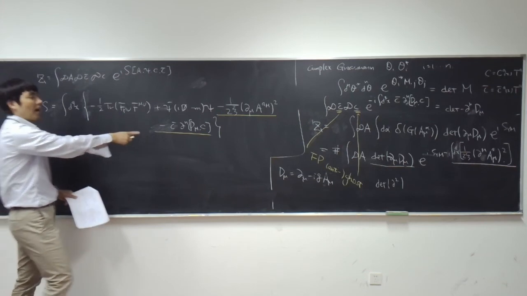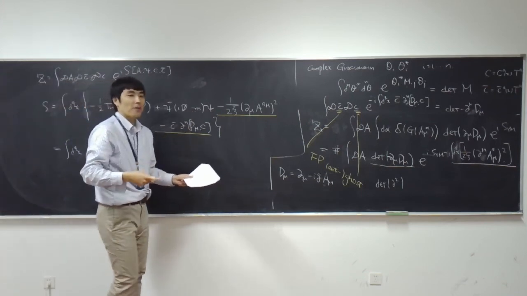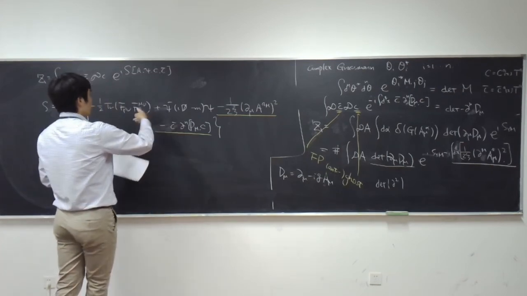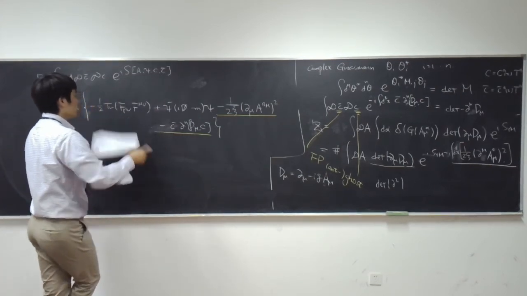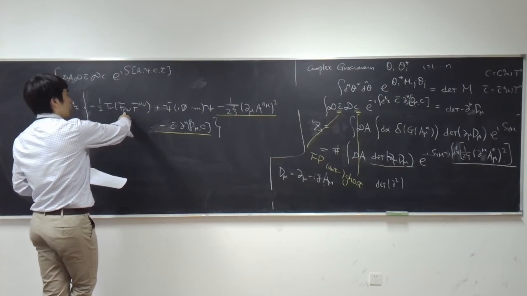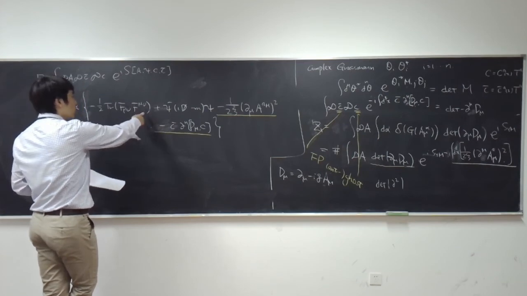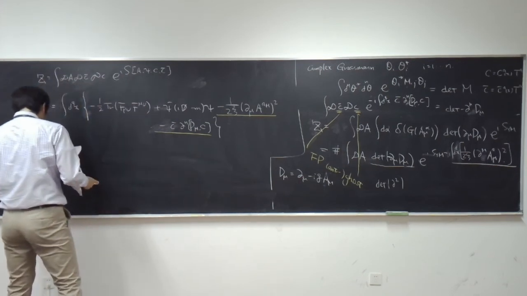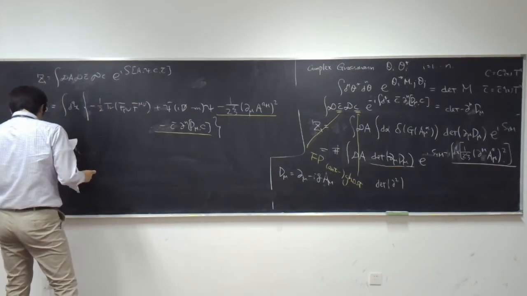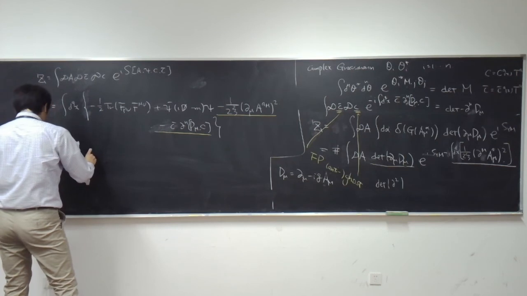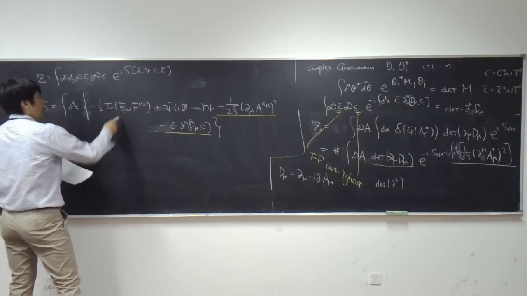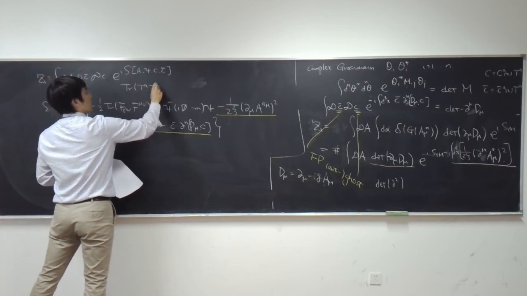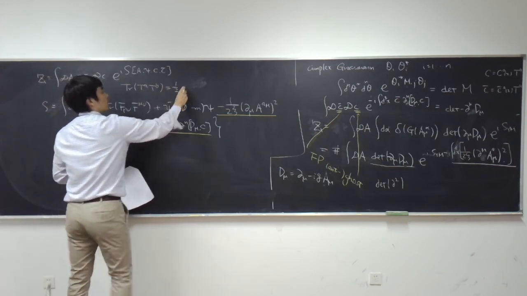From here you can read off the Feynman rules for gauge-fixed Yang-Mills Lagrangian, with the gluon or gauge field, and also the fermion or Dirac field. But before that, I just want to rewrite this action as follows. As I mentioned, trace of T^a T^b is equal to 1/2 delta^ab.